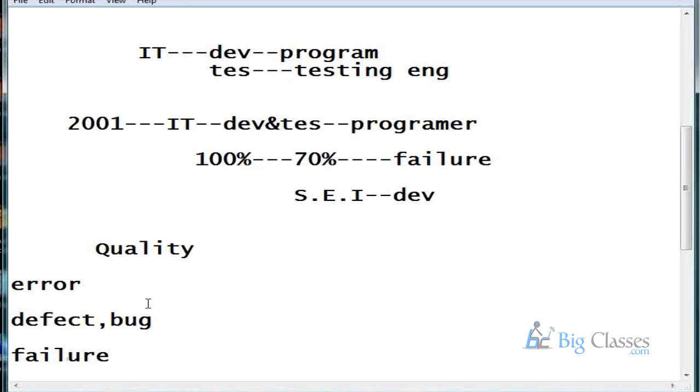Oh, okay. Error means you miss something, like when you go for testing or when you create new software, there are a lot of errors, something is not working properly.